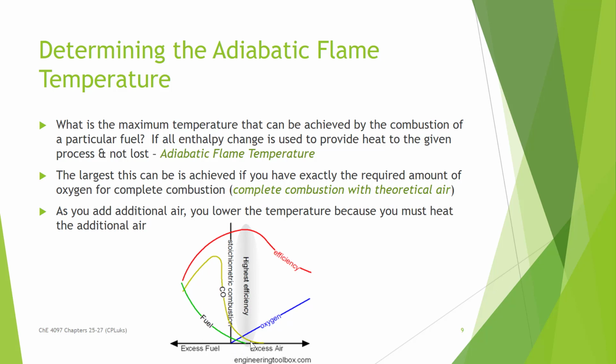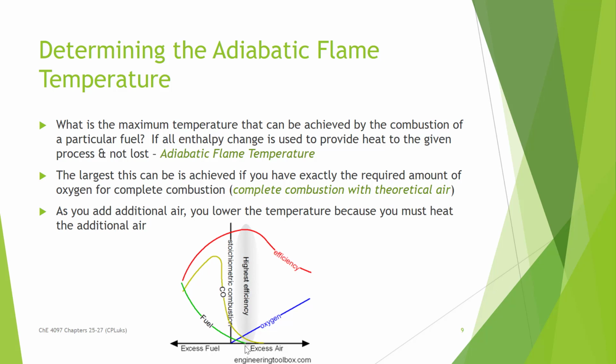And carbon monoxide is going to be preferentially formed when you have not enough oxygen and decrease as you increase the amount of excess air. But the efficiency of our flame is sort of a combination of all of these factors, and it's going to be someplace slightly above the stoichiometric combustion temperature.